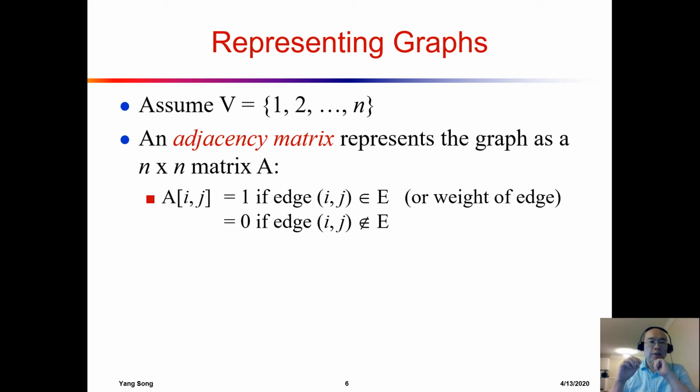For each value with i as the x index and j as the y index, it is a 1 if there is indeed an edge from i to j, and otherwise it is a 0. Or if you want to use the weight of the edge, feel free to do so. In this case, if there is an edge between i and j, instead of a 1 we can just put whatever the weight is.